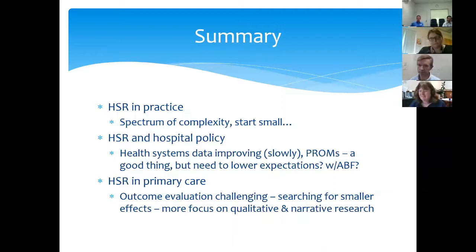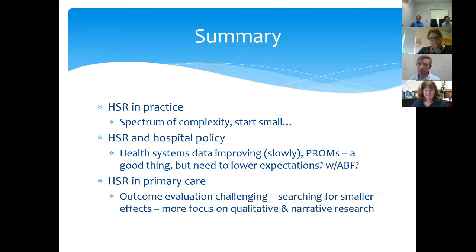And as Catherine's example of a pilot study leading to greater funding and a more comprehensive study, you can start small but dream big, and oftentimes you'll get there with good pilot data.